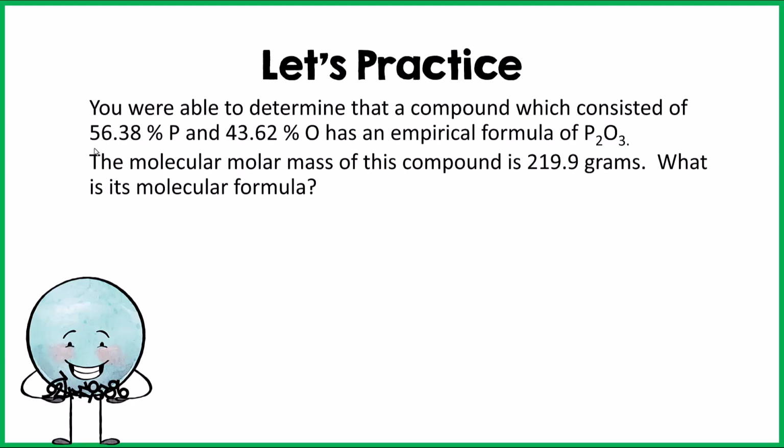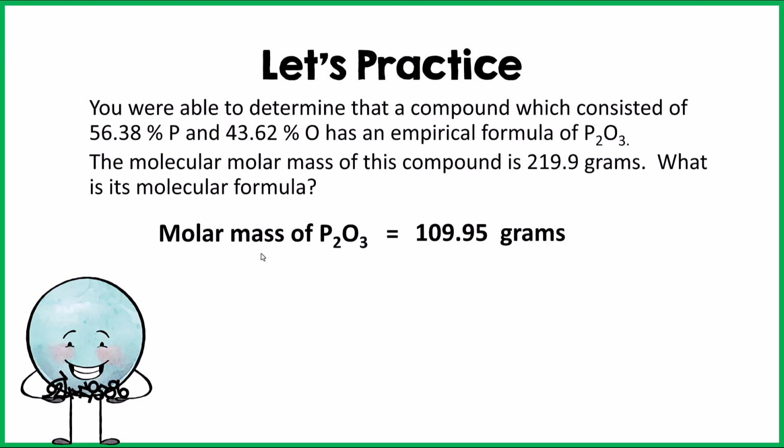So you've already used these percentages to calculate the empirical formula. Now you have the empirical formula here, and you have the molecular molar mass, or the full molar mass of this compound. And so we're going to divide the molecular mass by the empirical mass.